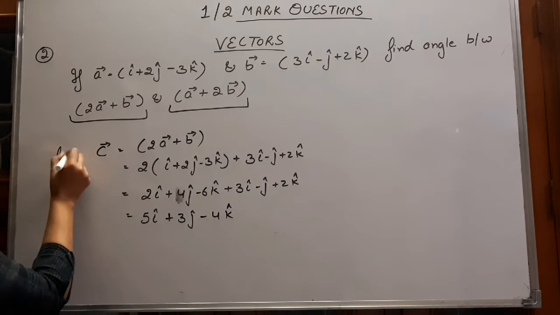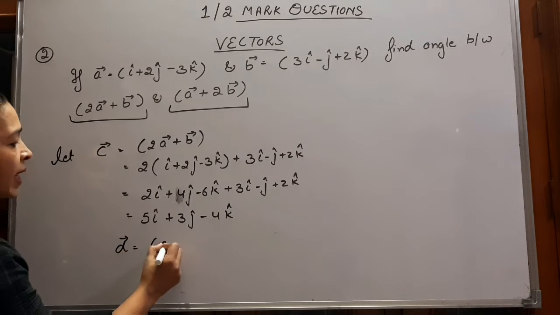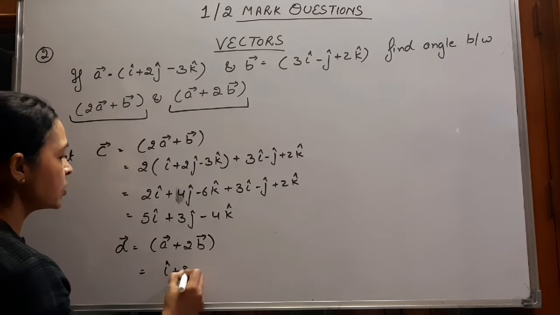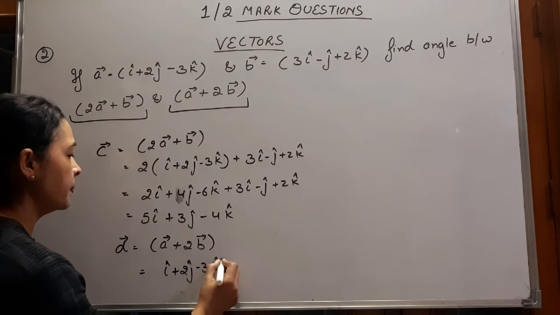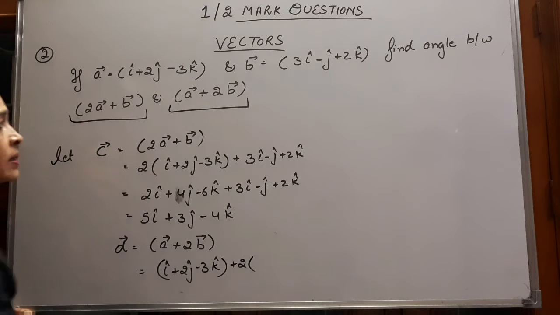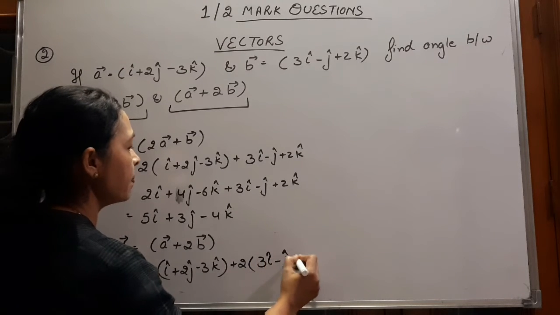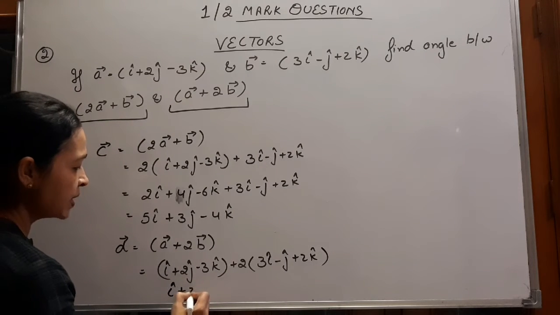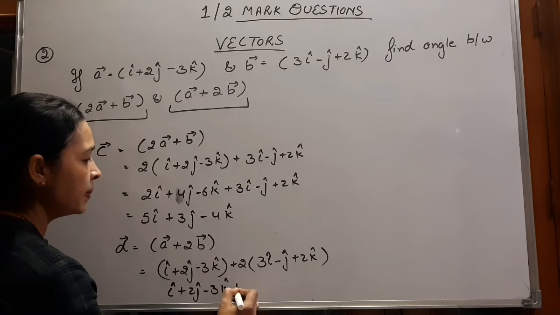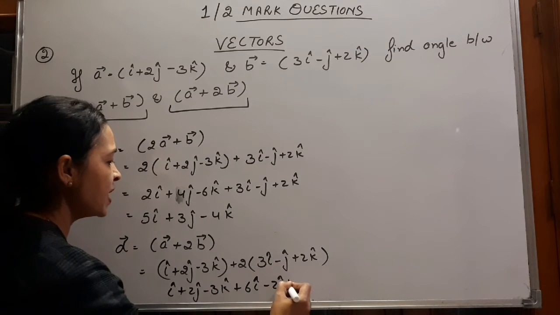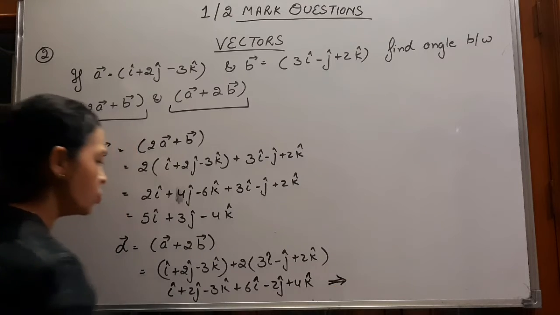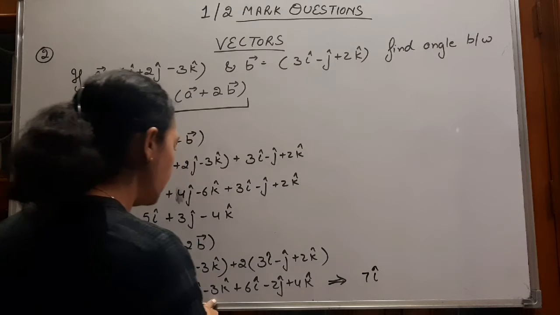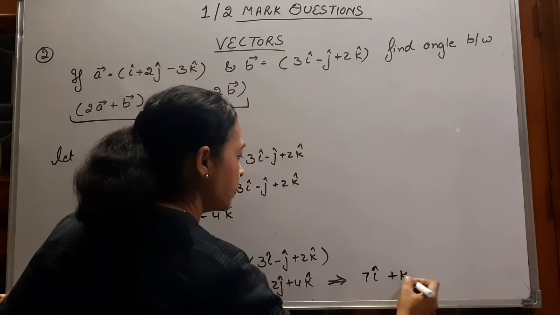Now let vector D equal vector A plus 2 times vector B. We have vector A is i cap plus 2j cap minus 3k cap plus 2 times vector B, which is 6i cap minus 2j cap plus 4k cap. This equals i plus 6i, 7i cap, plus 2 minus 2 cancel, minus 3k cap plus 4k cap.